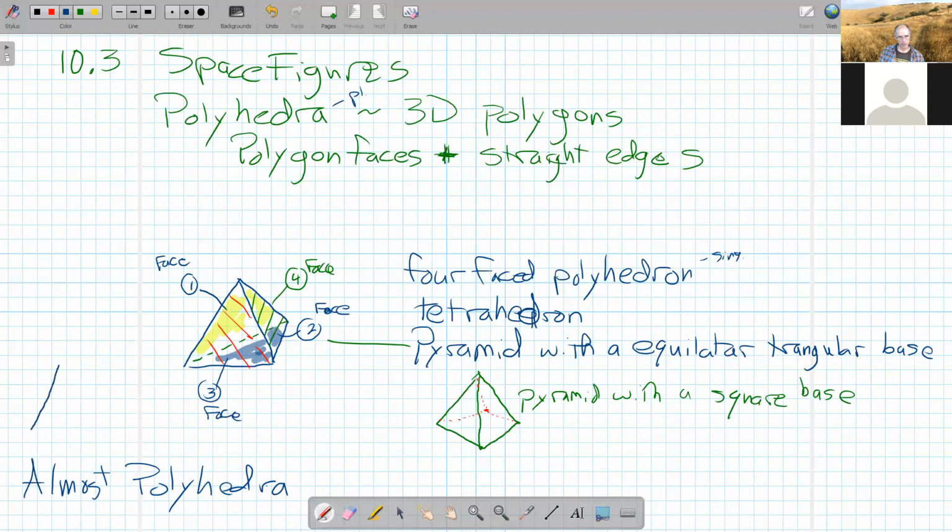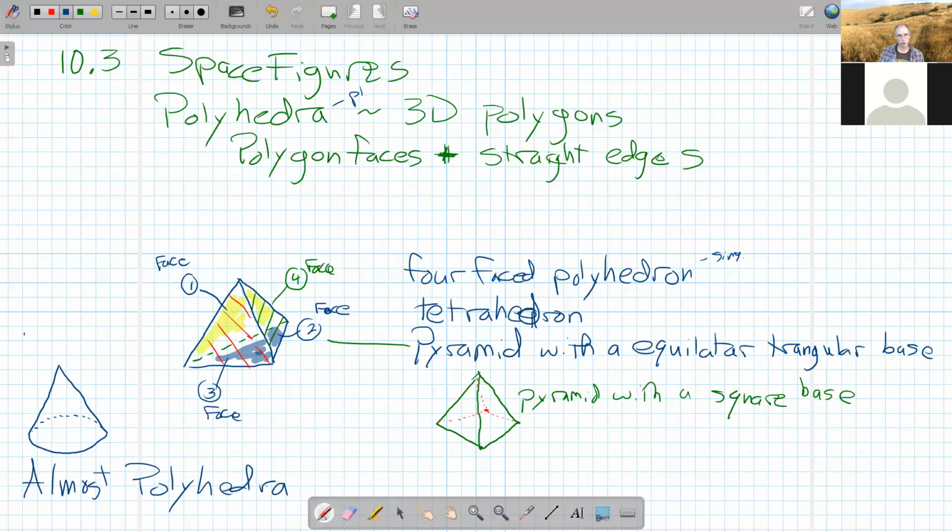If I had what starts to look like a pyramid by making a pointy top, but then instead I make a circular base, okay, then this is no longer a polyhedra because I have a side that's not a polygon. A circle is not a polygon. It's a plane figure, it's just not a polygon. A polygon has to have line segments for its edges, where this has one circular edge.